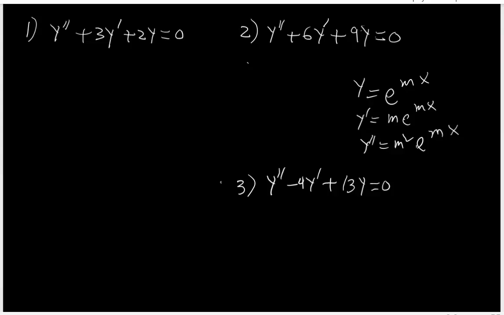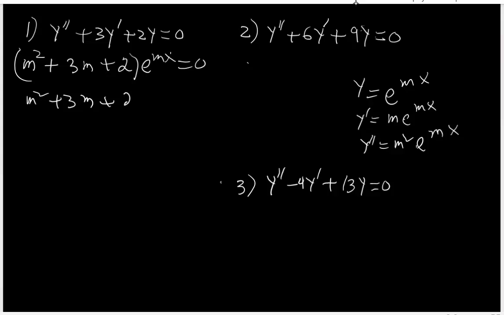When you plug all this in, we get m squared plus 3m plus 2 times e to the mx equals 0. So we can drop the term e to the mx. We get m squared plus 3m plus 2 equals 0.